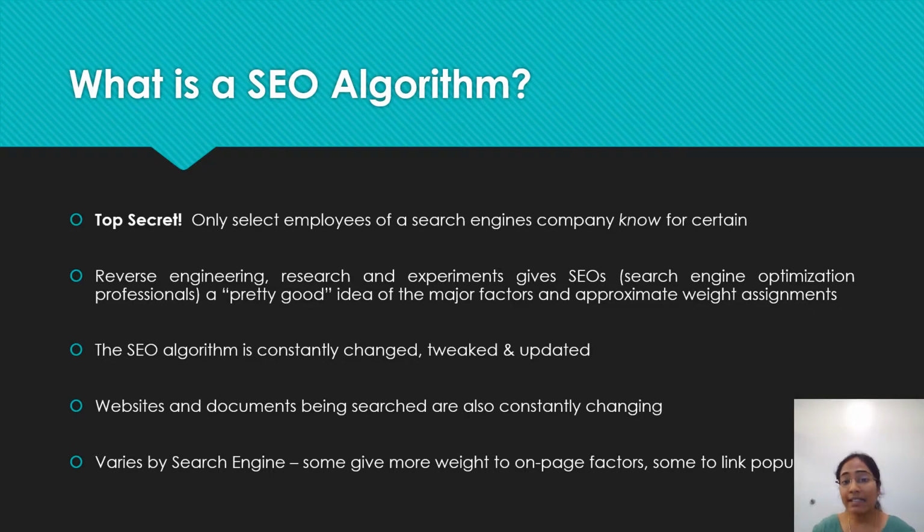So what is the algorithm behind search engine optimization? From the organization perspective, each organization has its own search engine optimization algorithms, and they are not revealed to other organizations, since each organization is a competitor to the others. In general, it usually follows reverse engineering and research and experiments.